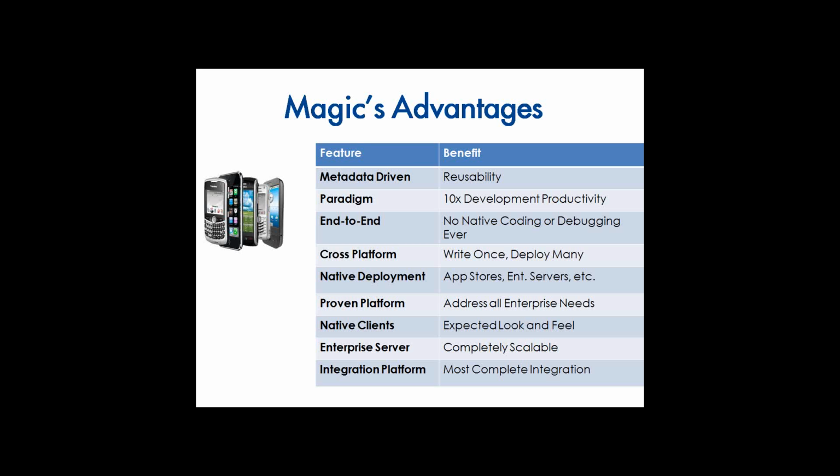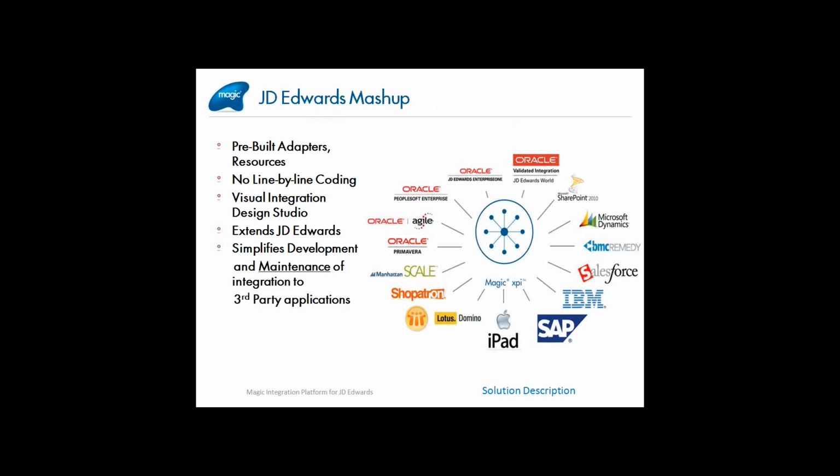You have native deployment so that you can utilize the App Store, the enterprise servers, all of the methods that are available for deploying apps on your various platforms. And you're using a proven platform that's designed for enterprise needs, one that can give you, with new mobile clients, an expected look and feel in the native environment, is completely scalable, and has the most complete integration.